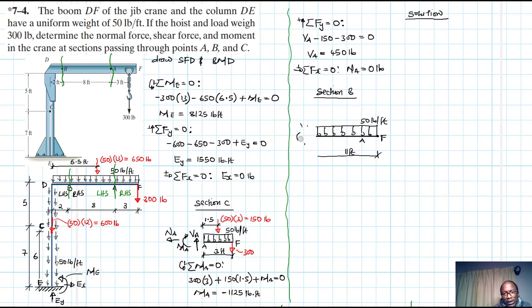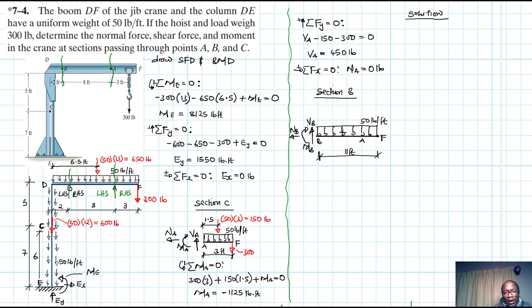Let me reduce my section a little bit, maybe up to there, like so. Okay, so this is our B. The section comes up to here. All right, so we have VB, we have MB, we have NB.